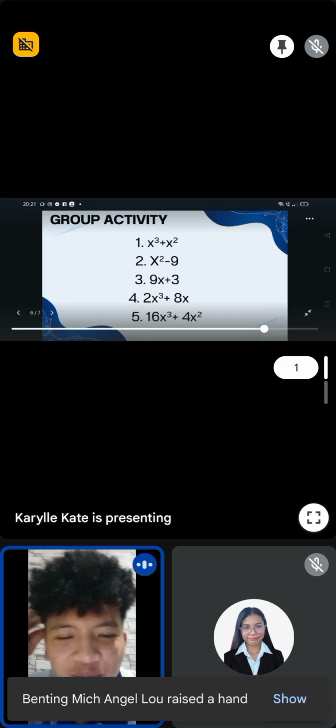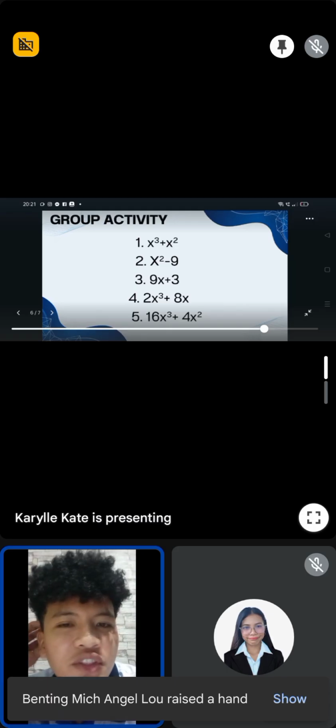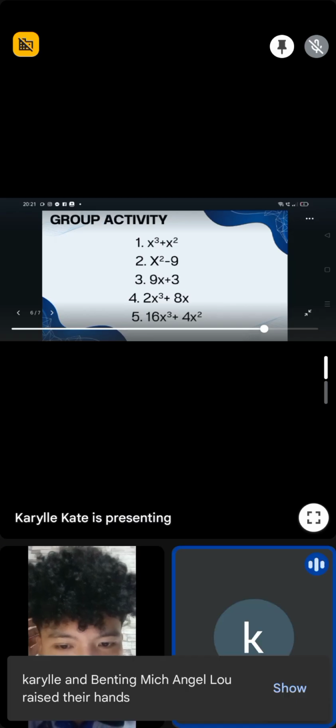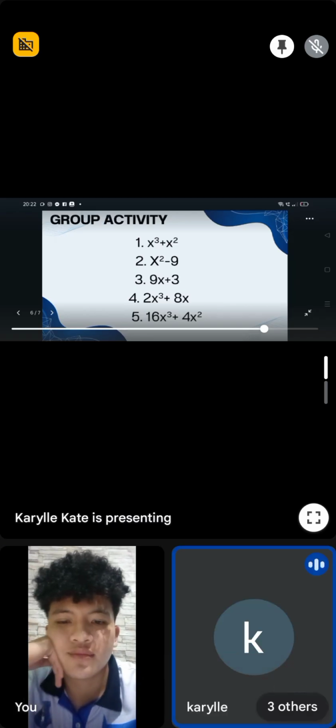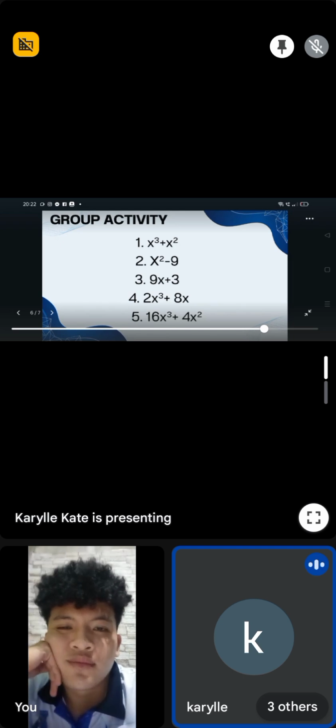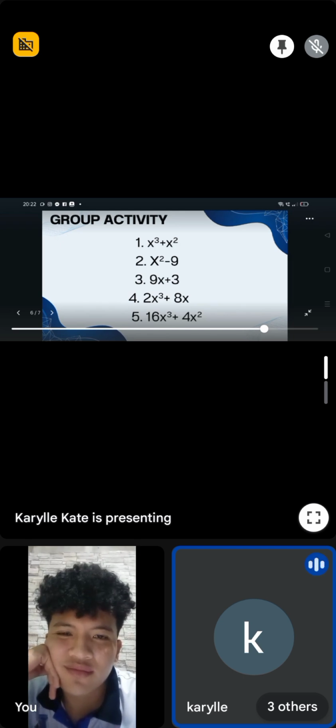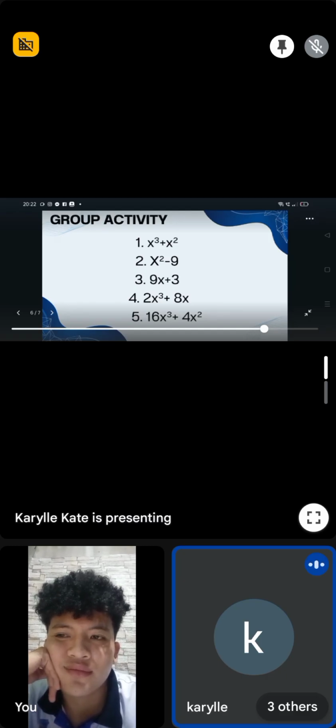Okay, so Miss Karil, what is your answer? Good morning, sir. So in this problem, we're going to use the sum and difference of two squares, if I'm not wrong. So our answer is x minus 3, close parentheses, another parentheses, x minus 3.